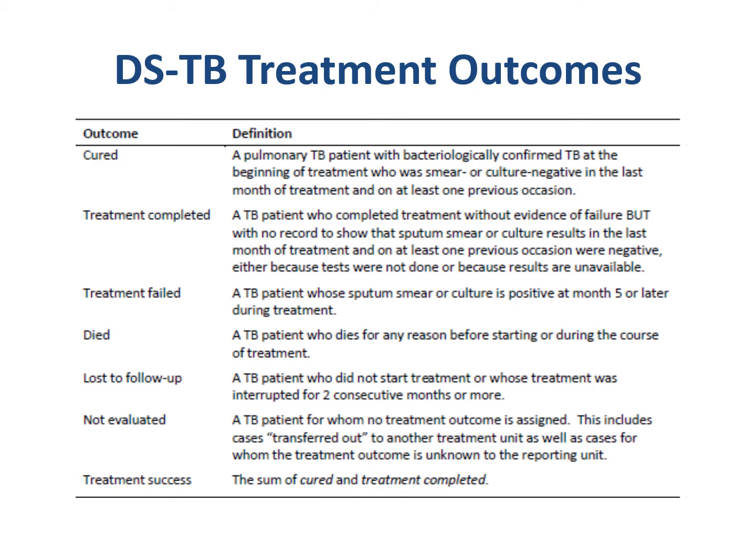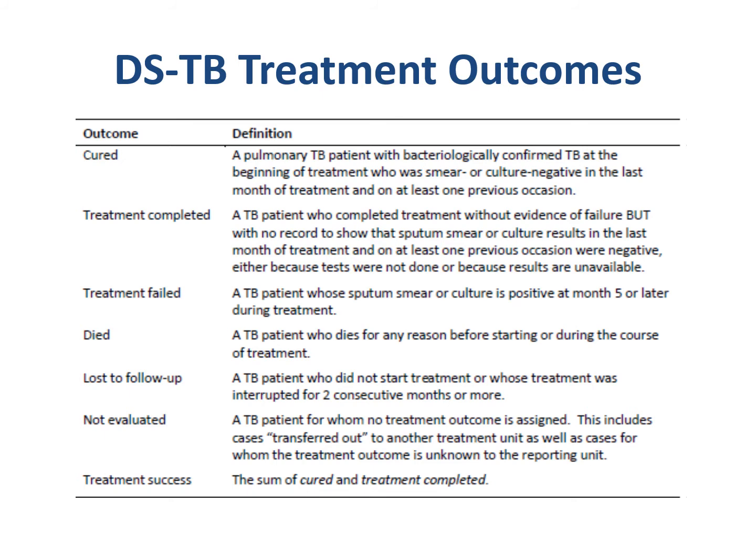Treatment failed: a TB patient whose sputum smear or culture is positive at month 5 or later during treatment. Died: a TB patient who dies for any reason before starting or during the course of treatment. Lost to follow-up: a TB patient who did not start treatment or whose treatment was interrupted for 2 consecutive months or more.